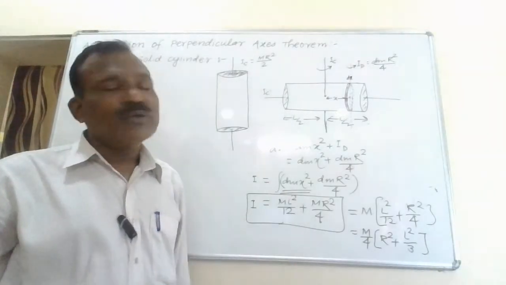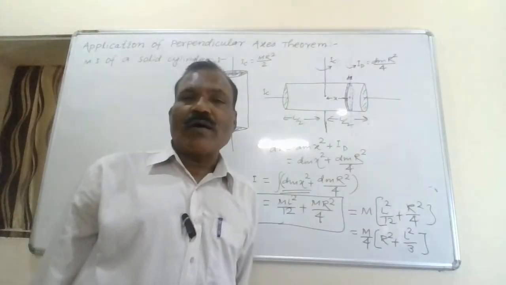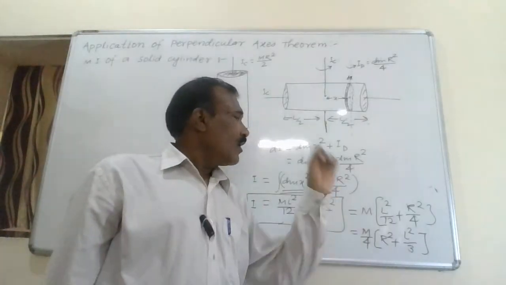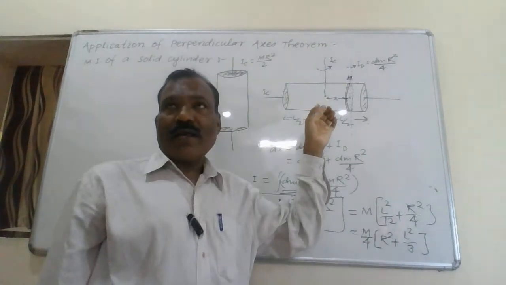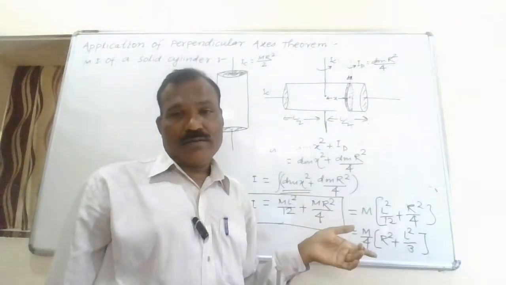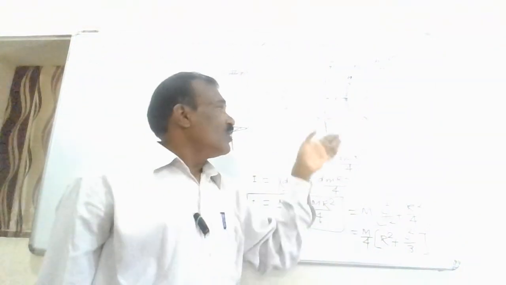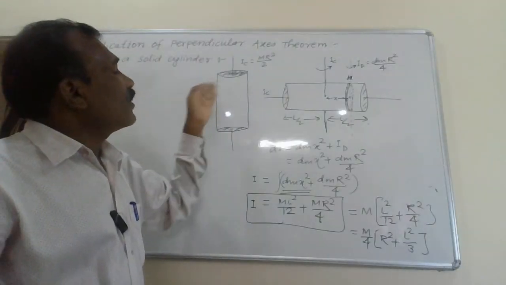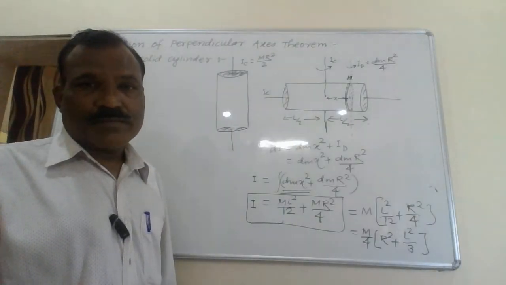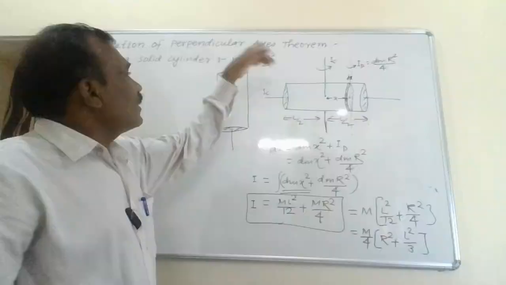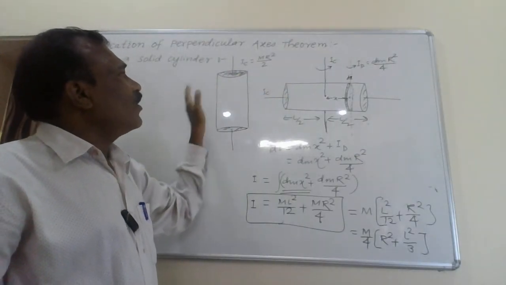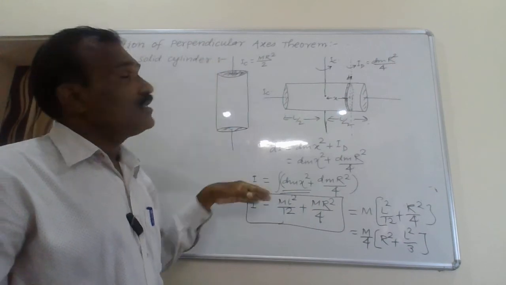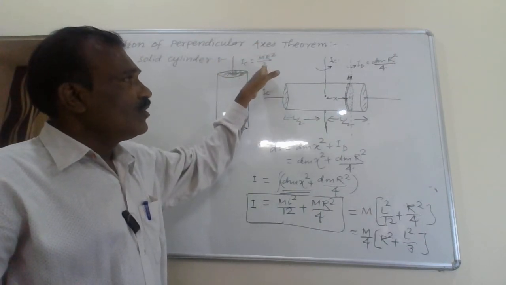So we can consider this as a thin uniform rod. And by putting the values, we have here the moment of inertia of a solid cylinder about an axis passing through its center and perpendicular to its length. So this is an application of our perpendicular axis theorem. So let us see how we can find this. Moment of inertia of a solid cylinder about its own axis is MR square by 2.